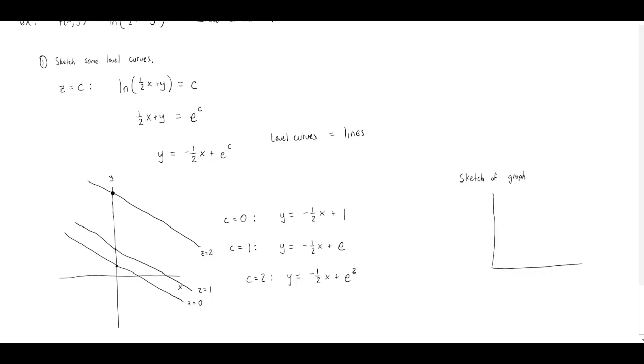Okay, so basically, in the xy plane where z is equal to 0, we should have this line as part of our graph. So I guess in my picture it might look something like this in the xy plane, right? Okay.